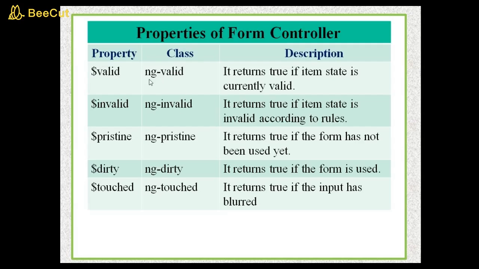See, $valid, class ng-valid, returns true if the item state is currently valid. $invalid, class ng-invalid, returns true if the item state is invalid according to rules. $pristine property, ng-pristine class, returns true if the form has not been used yet. $dirty property, ng-dirty class, returns true if the form is used. $touched is a property, ng-touched is a class.